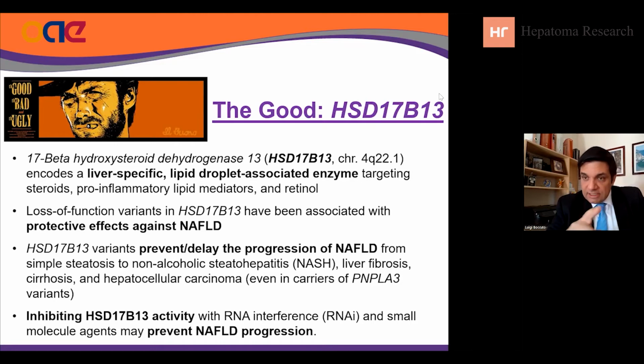So this is an enzyme that really works by amplifying, exacerbating the immune response and promoting inflammation at multiple levels. So loss of function variants, so inactivating variants in this gene, have been associated with protective effects against NAFLD. So that is why we label that the good.